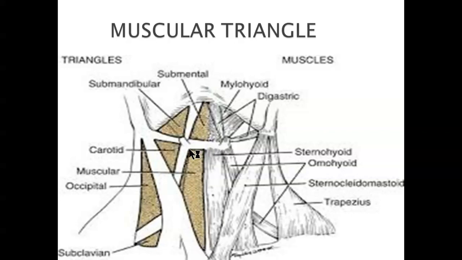And the triangle over here is formed by the sternocleidomastoid muscle. All right, and here we have the inferior belly of omohyoid muscle. Inferior boundary of omohyoid and the sternocleidomastoid muscle, and the midline strap muscles are forming the muscular triangle.